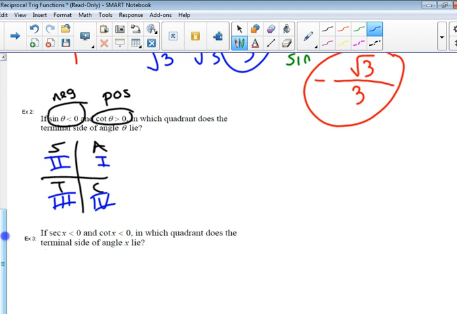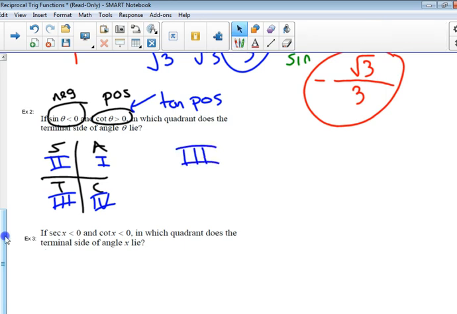Okay. And if it helps you guys, especially when you're dealing with your reciprocal function like cotangent, think about what was cotangent's main function? Where did it come from? Tangent, good. So this is just another way to say tangent has to be positive. Which one would you guys have to be in? Good, quadrant 3. It's got to be in quadrant 3, because that's where the tangent's positive, but sine would be negative there.